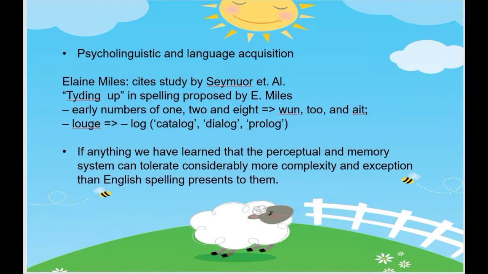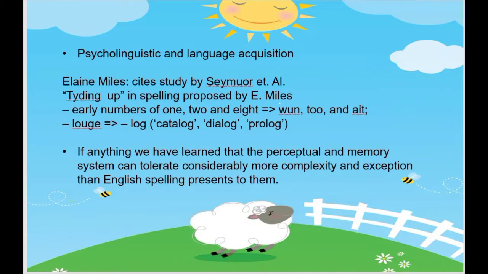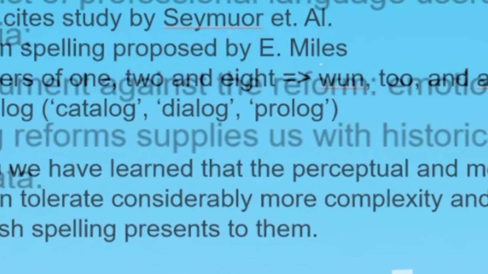The second one is the word log, which is now spelled with 3 letters instead of 5, which is LUG. So if anything, we have learned that the perceptual memory system can tolerate considerably more complexity and exception than English spelling presents to them.